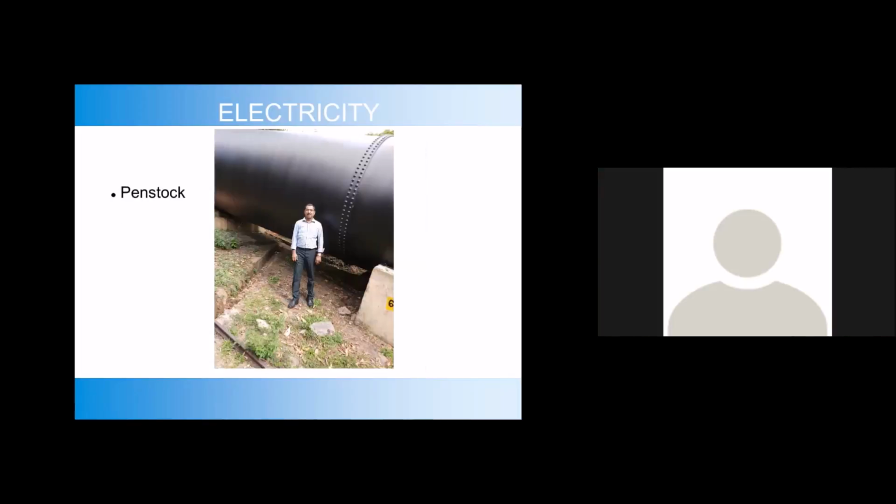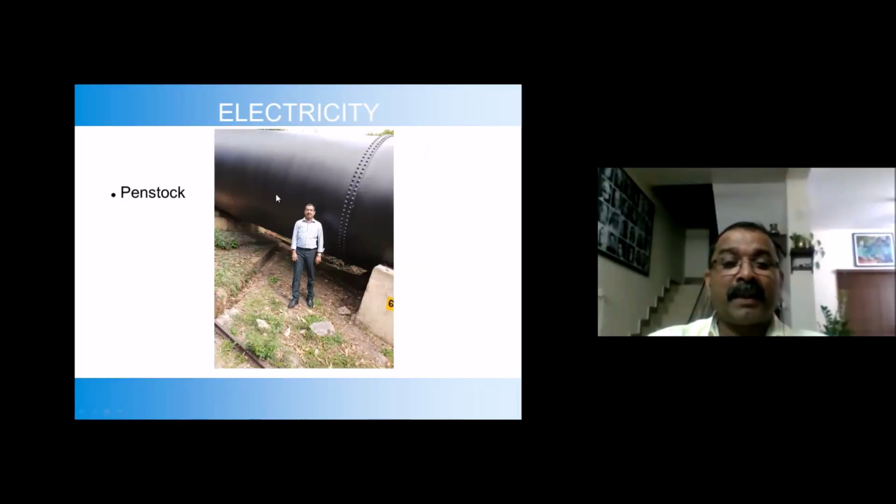Okay. So from the tunnel, one very huge pipeline will start. That is what we call the penstock. Again, one guy is standing here so that you can have an idea of the diameter of this penstock.